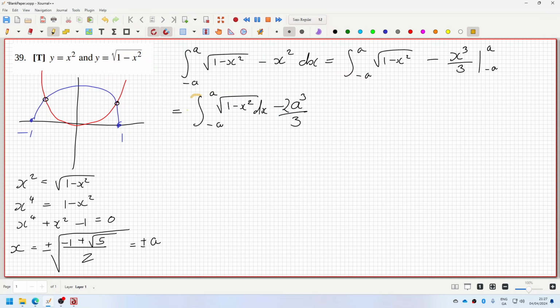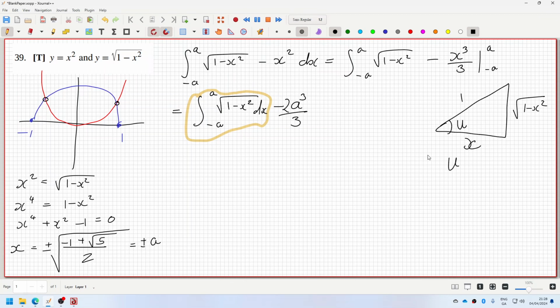So really I just have to calculate this now. And I can use a substitution here. We call that u. Call that x, that 1, that root 1 minus x squared. So if the cos of u equals x, then that means dx du will equal minus sine u.